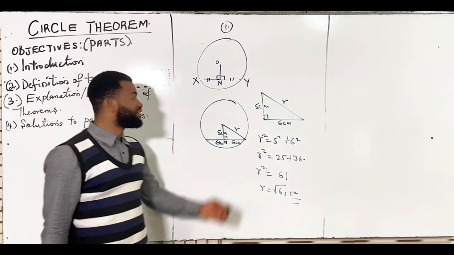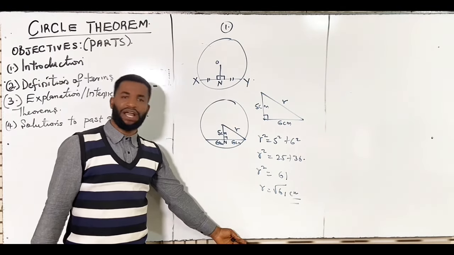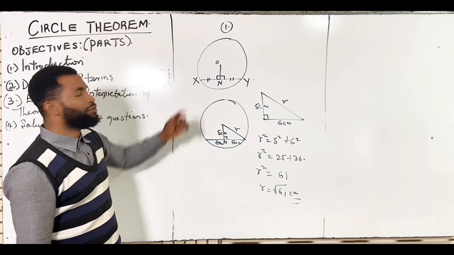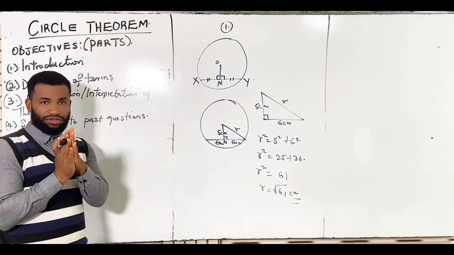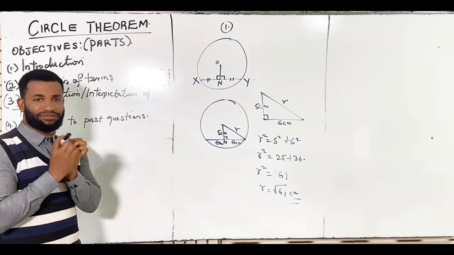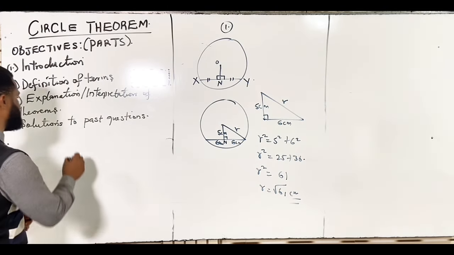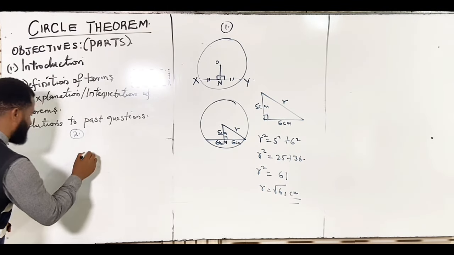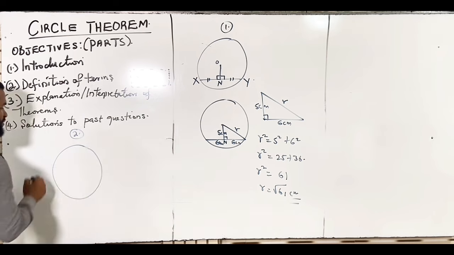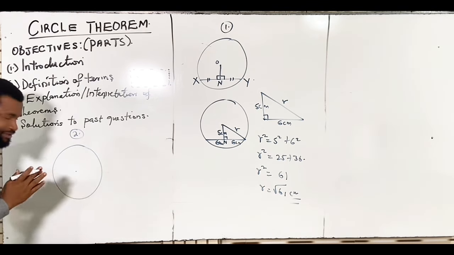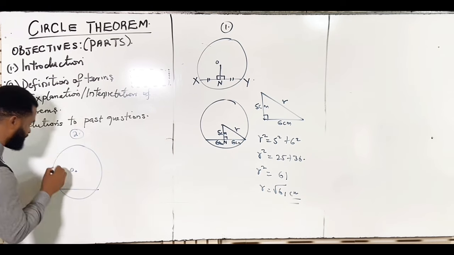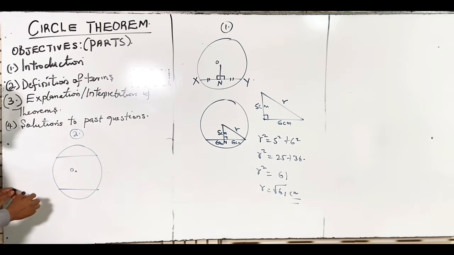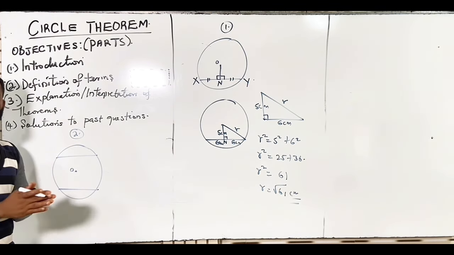All right, so this is what gave birth to this kind of approach in math solving. Number two: equal chords are equal distance from the center of the circle. That is law 2. Let me put it here. If I have a circle, and this is the center of the circle, and this chord is the same as this chord, that means they are equal in length.